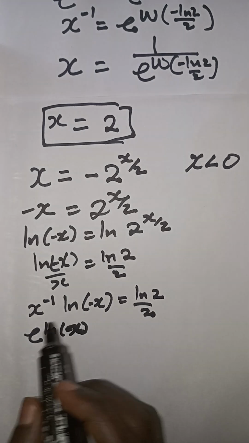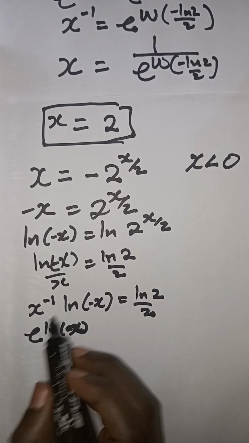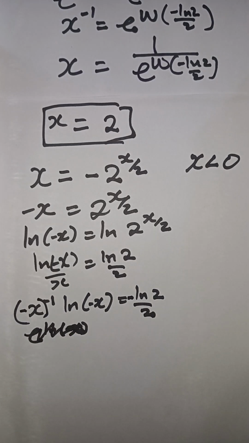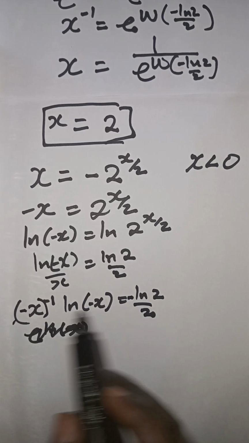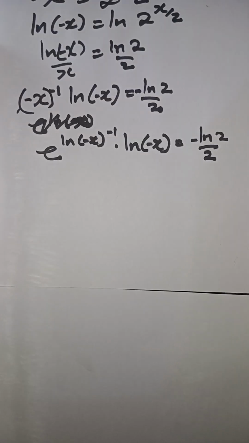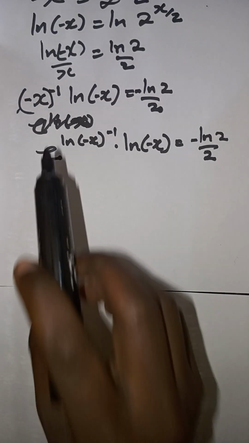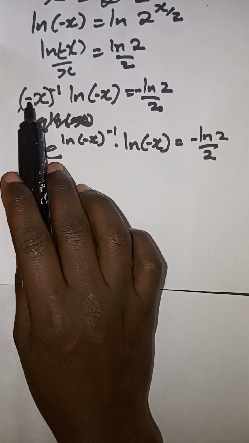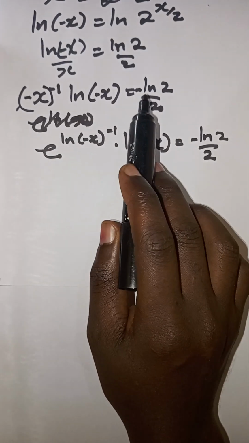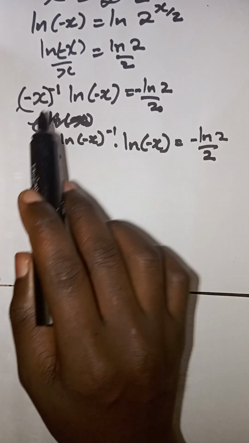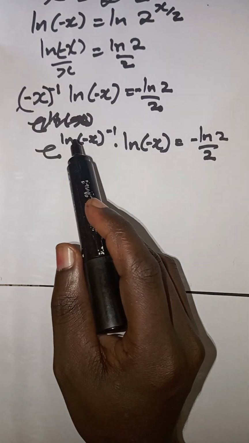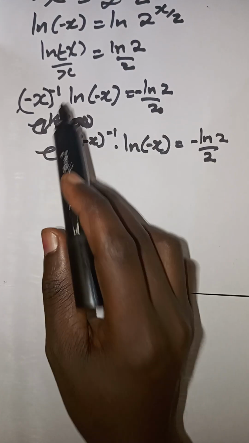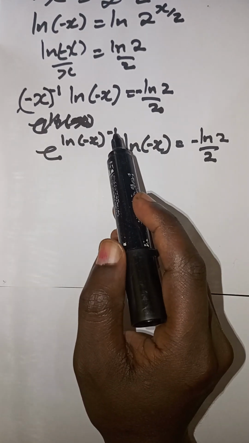But recall that I cannot take the, so having introduced negative and negative on that side, that is what I have. So I decided to multiply this with the negative and on this side with a negative, so that when I rewrite it like this, I get exponential to the natural log of negative x raised to negative 1, which is this.